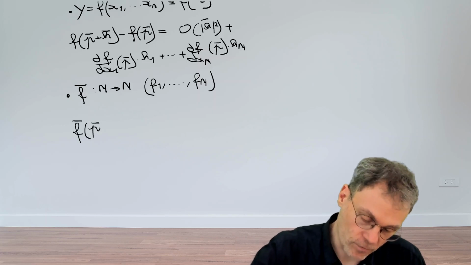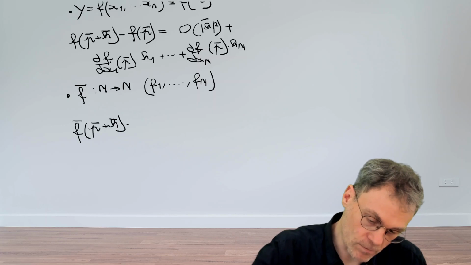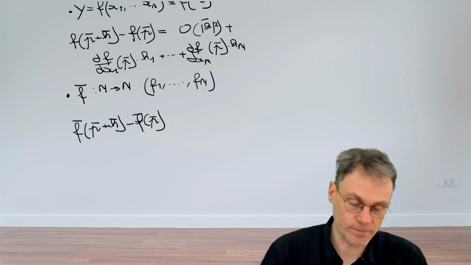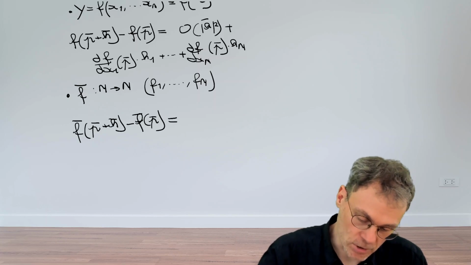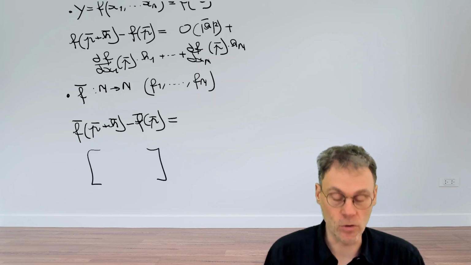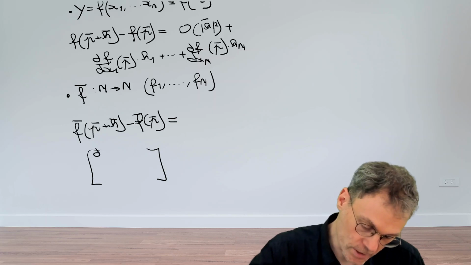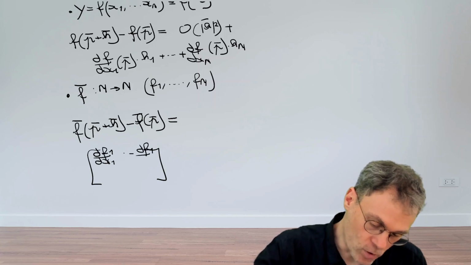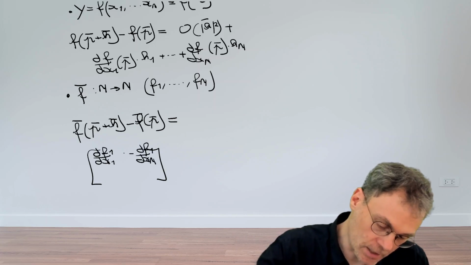So we have f vector of p plus h minus f vector of p in this case. So let's first look at f1, for example. So we can write this in a matrix form as this. We have df1/dx1 all the way up to df1/dxn.